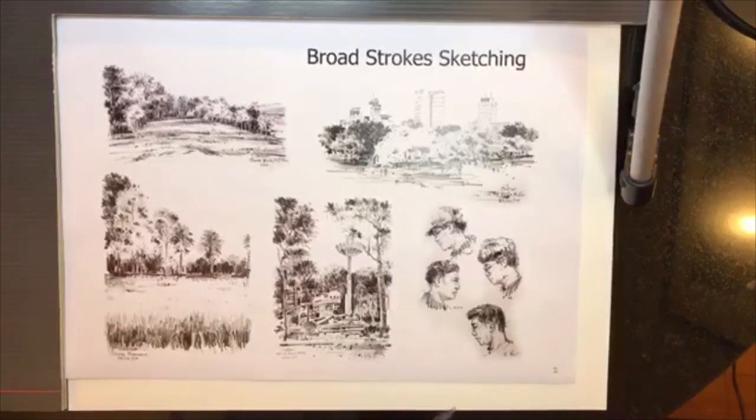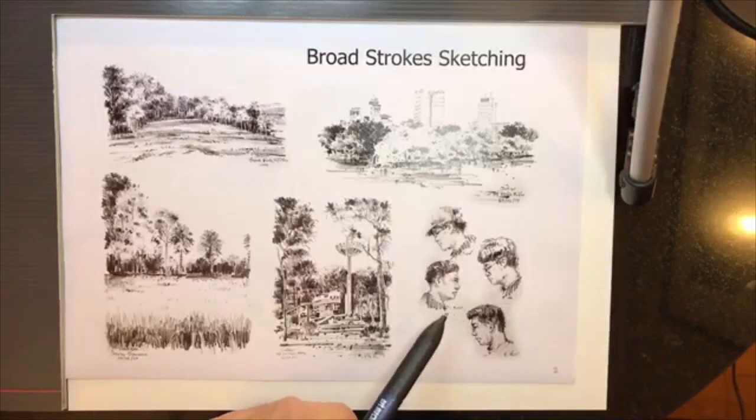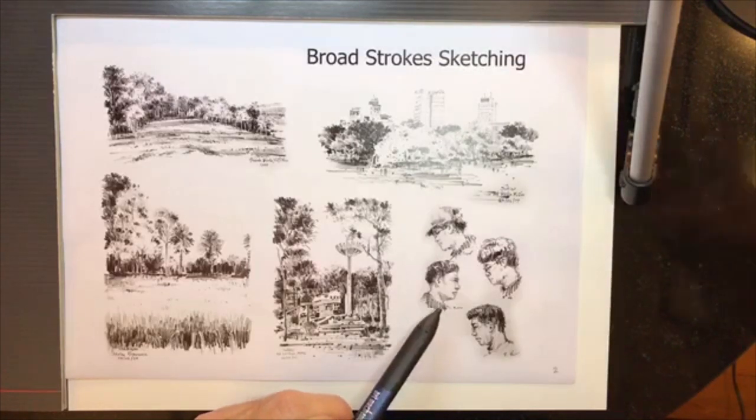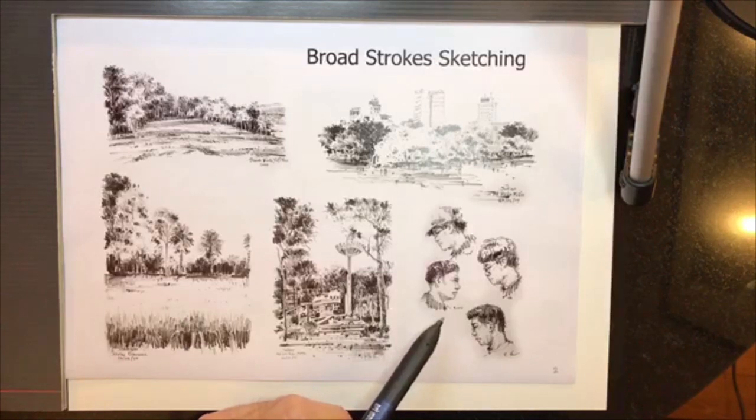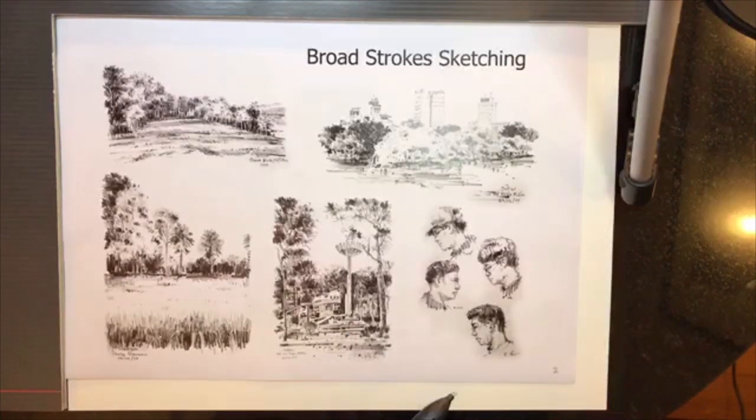And also we can sketch people, like people sketching. We can sketch quicker than with a normal pencil because of the big line of the pencil. When we sketch with the brushstroke pencil, the output of our sketch should show the character of the broad line, not the normal line.